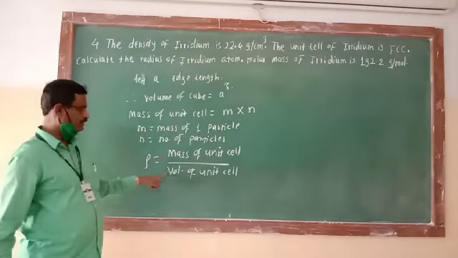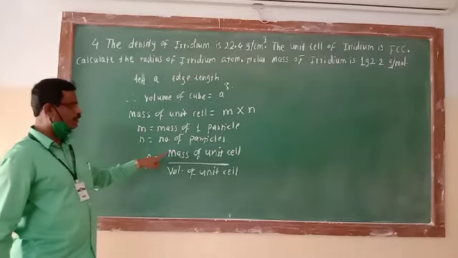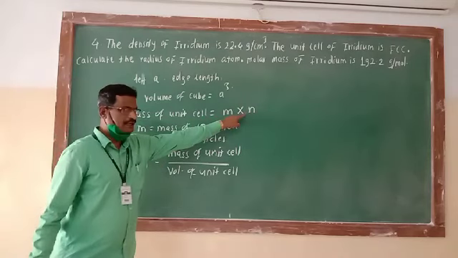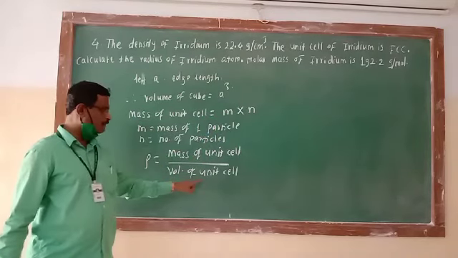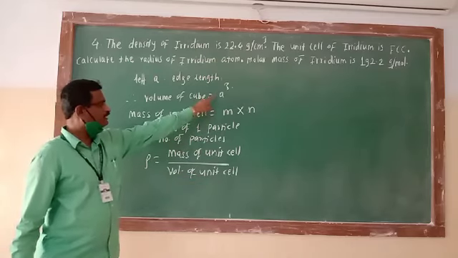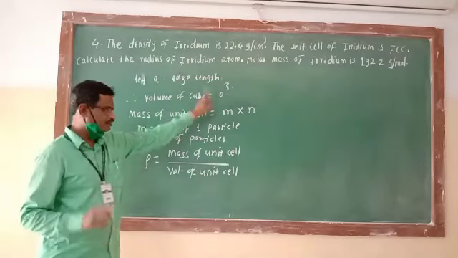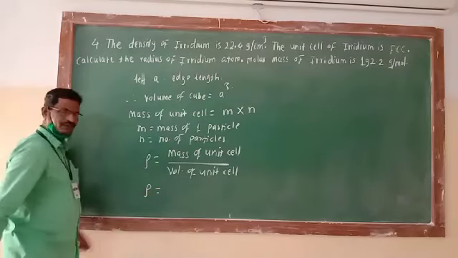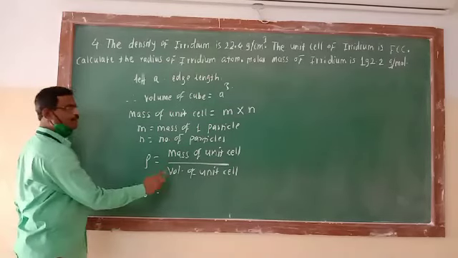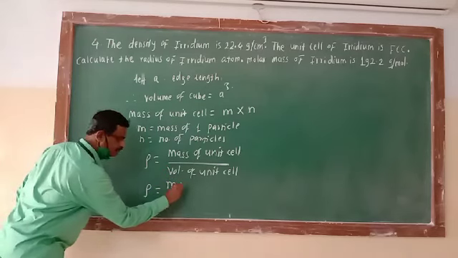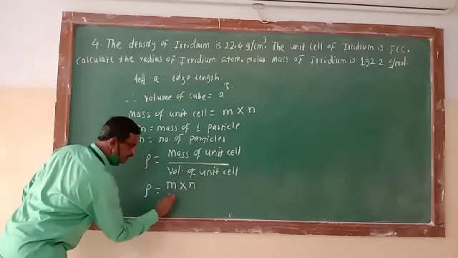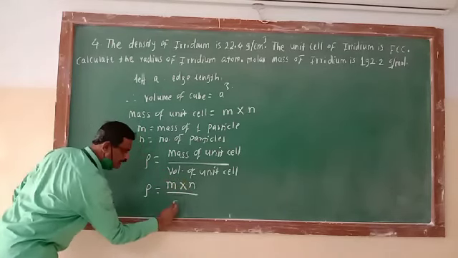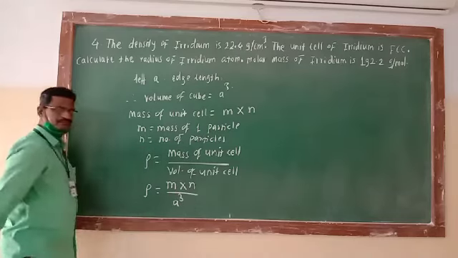Mass of unit cell we know is m into n, and volume of unit cell is A cube. So substituting the values, rho will be equal to m into n divided by A cube.